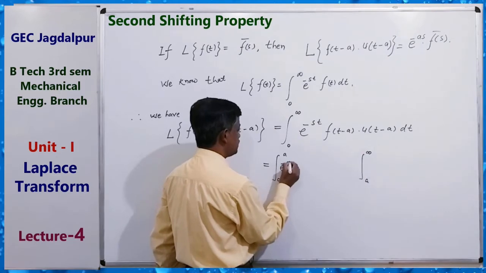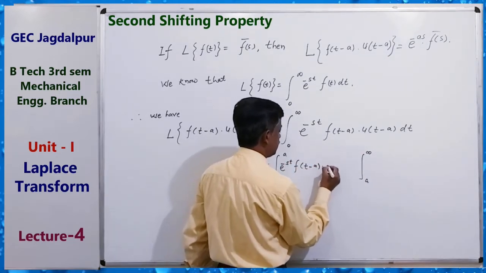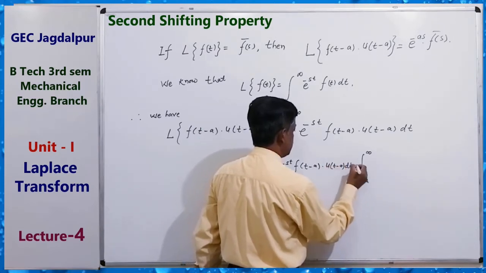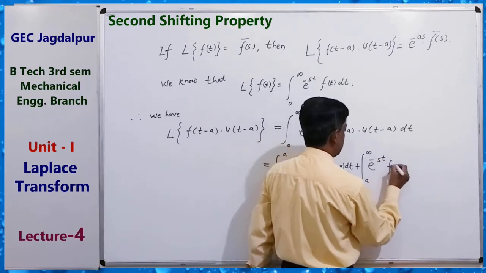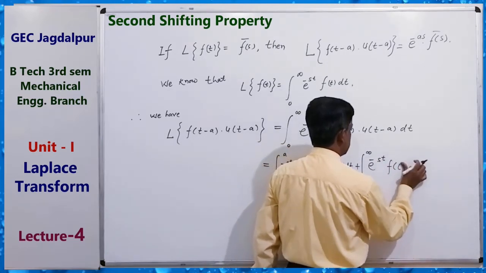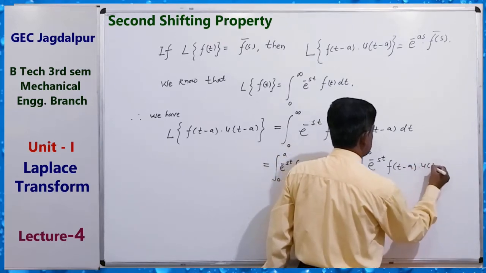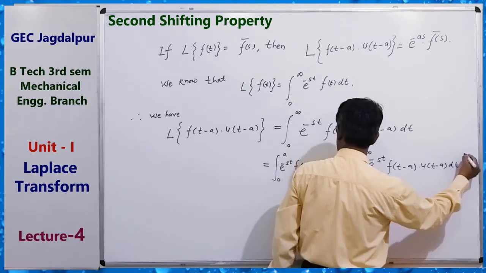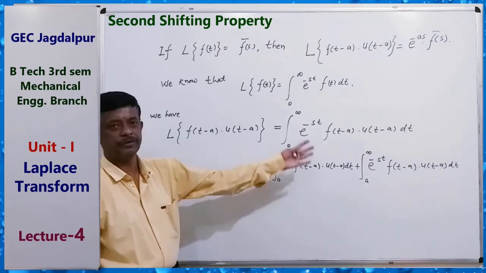It is the integral of e to the power minus st f(t-a) u(t-a) dt from 0 to a, plus the same integral from a to infinity.